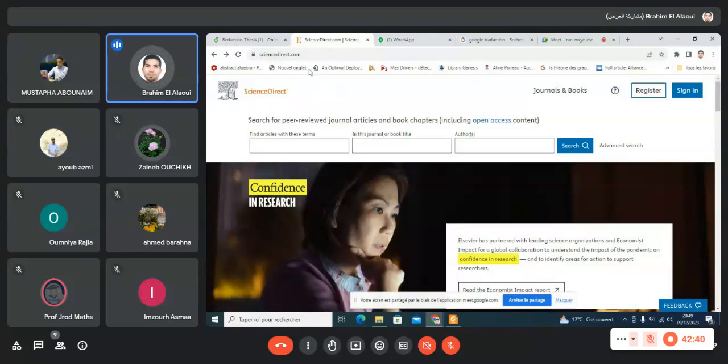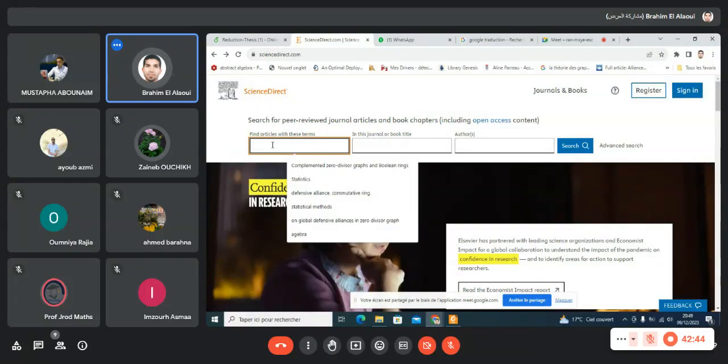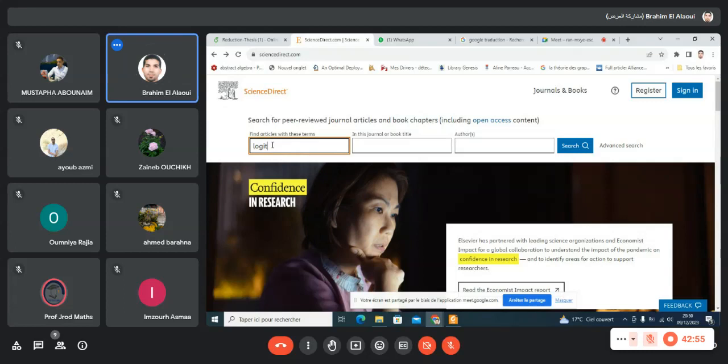So you go to sciencedirect.com and here you put your keywords. As an example, I will put logit method. What else? We can put Antalya.